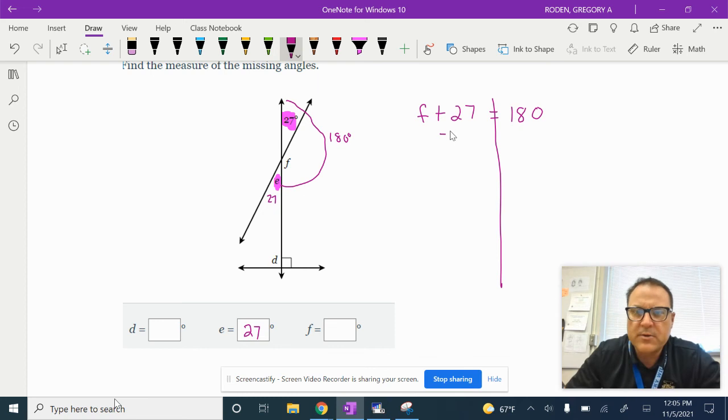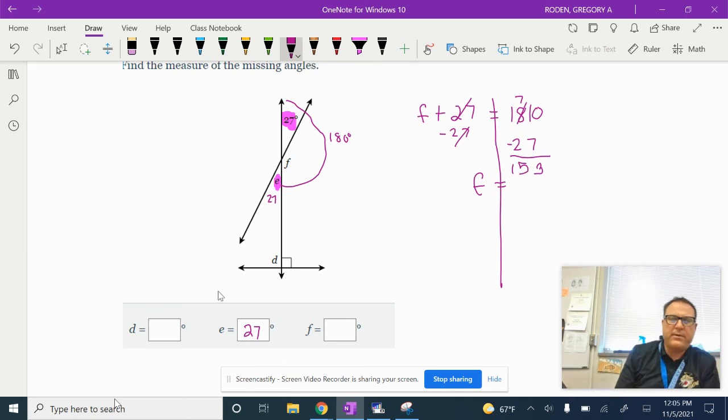Well, I'm just going to subtract 27 degrees from both sides to solve for F. 27 cancels 27, and I get F equals, let's see here. I can't take that. That's a 10. That's a 3. That's a 7. 7 minus 2 is 5. So I'm getting 153 degrees for F. Did you get 153 degrees for F?